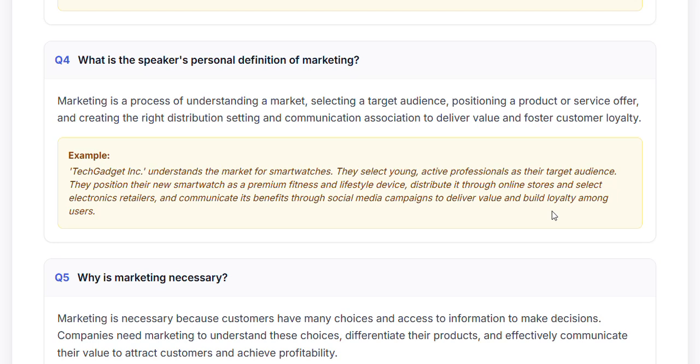They position their smartwatch as a premium fitness and style device, distribute it through online stores and select electronics retailers, and then communicate its benefits through a social media campaign to deliver value and build loyalty among users. So yeah, this should help you understand.